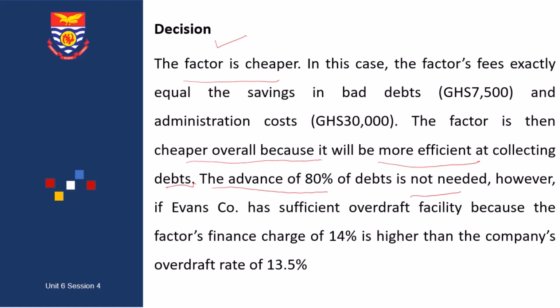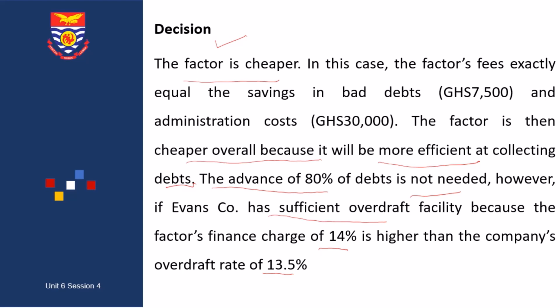However, if Evans has a sufficient overdraft facility, because the factor's finance charge of 14% is higher than the overdraft rate of 13.5%. Alright. So in all, the factor is cheaper because even if you are to take the overdraft, you are incurring a total cost of 64,466 for using your own staff.